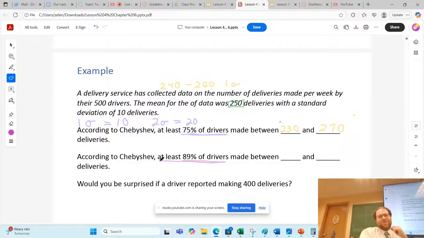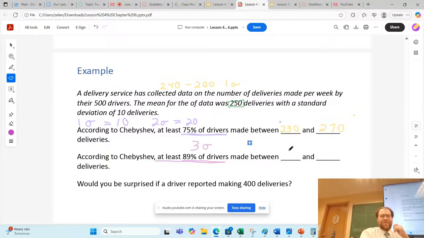89% of drivers would need to fall within how many standard deviations? 3. So 3 standard deviations would be how many deliveries? 30 away from the mean in either direction.